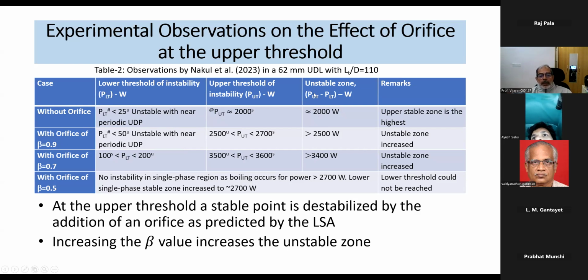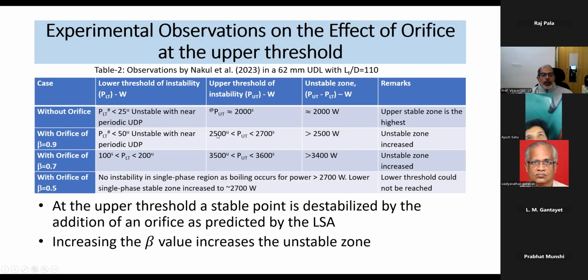If you subtract the lower threshold from the upper threshold, in this case the lower threshold was below the measurement limit, so that's why we are taking it as 0. Even 25 watt was unstable. Now, when we put an orifice with beta 0.9, again the lower threshold was very low and not measurable by this instrumentation system.